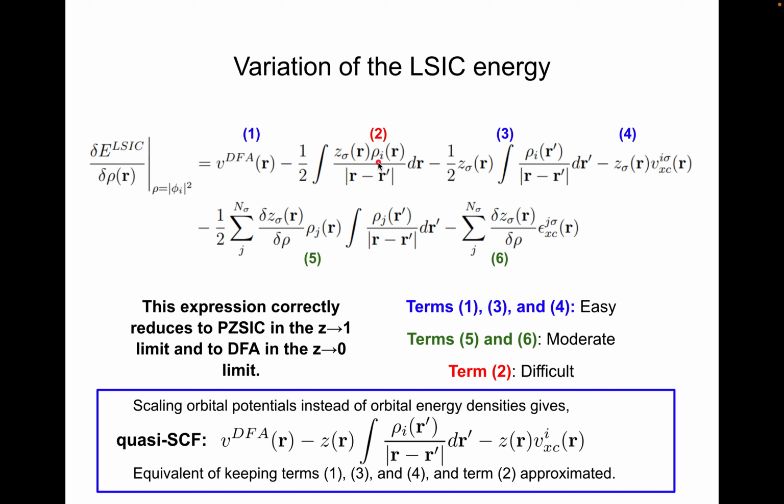Okay, let's take a second and talk about the quasi-SCF. In the LSIC, we apply the local scaling to the PGSIC energy densities. Now, you can follow the same spirit, and instead of scaling down the energy density, you can scale down the PGSIC potential. If you do that, you get this potential expression at the bottom. And here, we will refer to the method using this potential expression as the quasi-SCF.